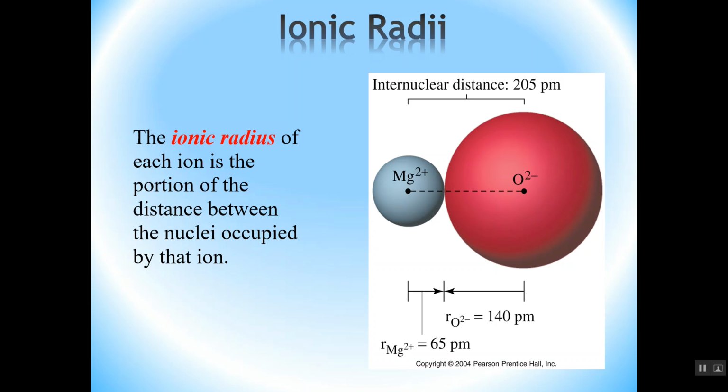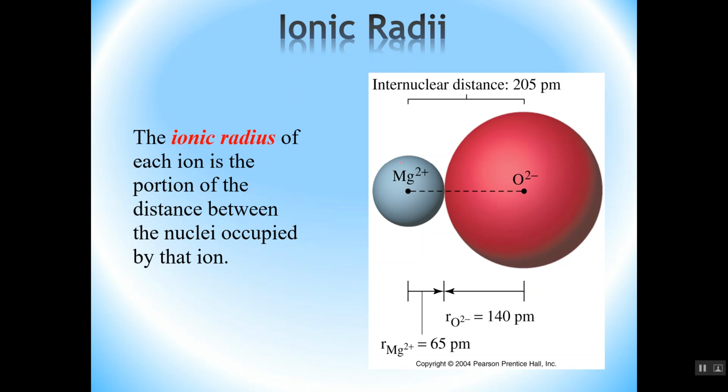Let's first define it. So as you can see on the screen, it says here that the ionic radius of each ion is the portion of the distance between the nuclei occupied by that ion. All right. So demonstrated here is the compound magnesium oxide in terms of the size of the radius of the respective ions.